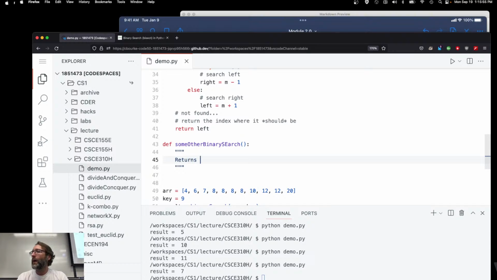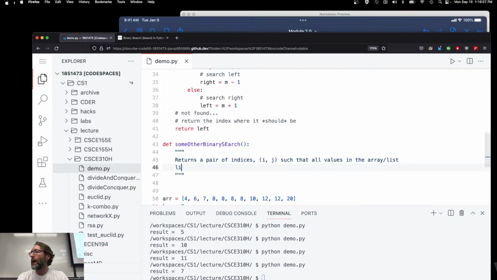Returns a pair of indices, i and j, let's say, such that all values in the array lie within the range given. The range, say, lower to upper. So if you gave me two numbers, lower and upper, I will find the index for the first one. I will find the index for the second one so that you know that all of these numbers lie within that range. What is that going to look like, by the way?